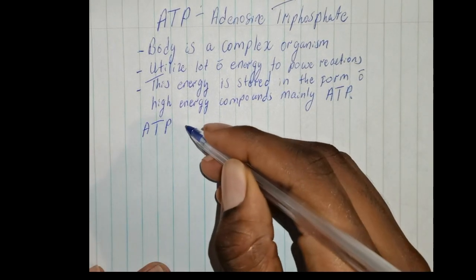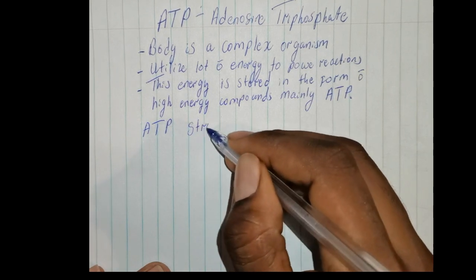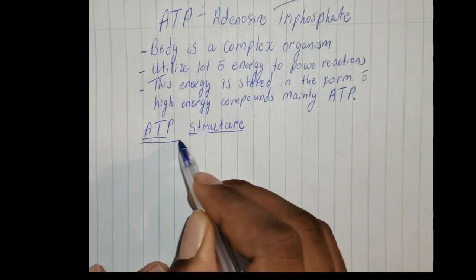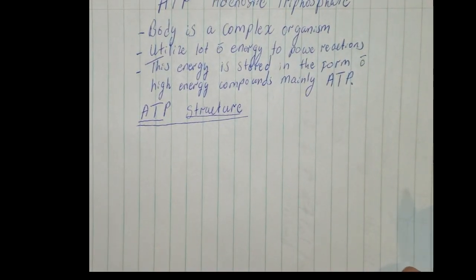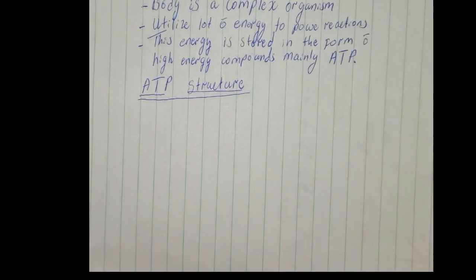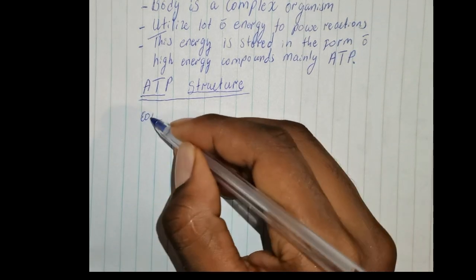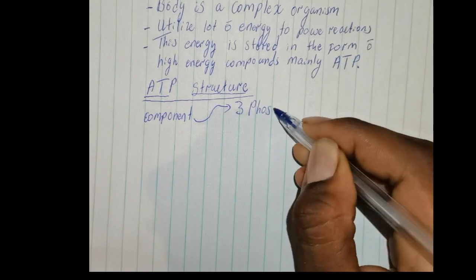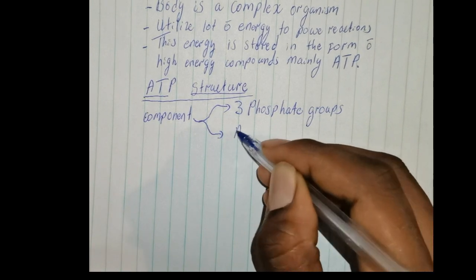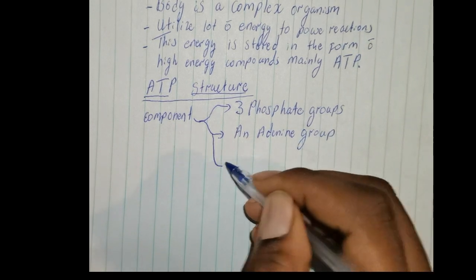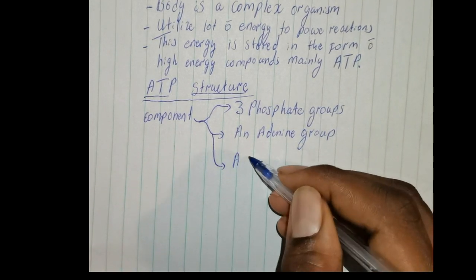So, starting with the structure of ATP. We will see that the structure of ATP constitutes three phosphate groups, an adenine group, as well as a ribose group.